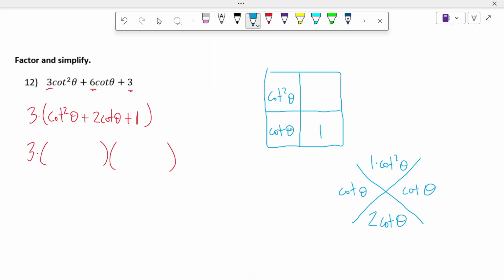So we've filled in our area model. Now we just need to find the base and the height of this thing, because there's our base, there's our height, that's our product. Of course, what's in common here would just be a cotangent. What's in common here? Well, it doesn't seem like there's anything in common unless I mark that as a 1 cotangent and a 1 cotangent. Kind of like what I did on the other problem up above. I did put the 1s there.